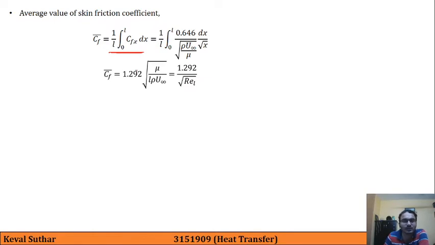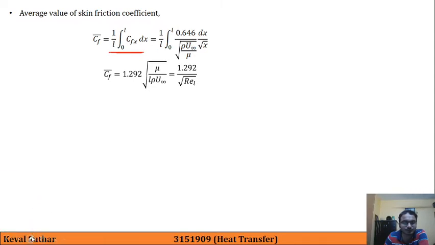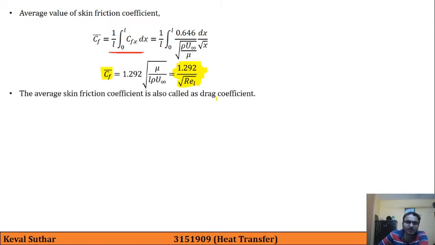So finally what we are going to get is Cf bar is equal to 1.292 divided by square root of ReL, where ReL is the Reynolds number based on the length L. And the average skin friction coefficient is also called the drag coefficient.